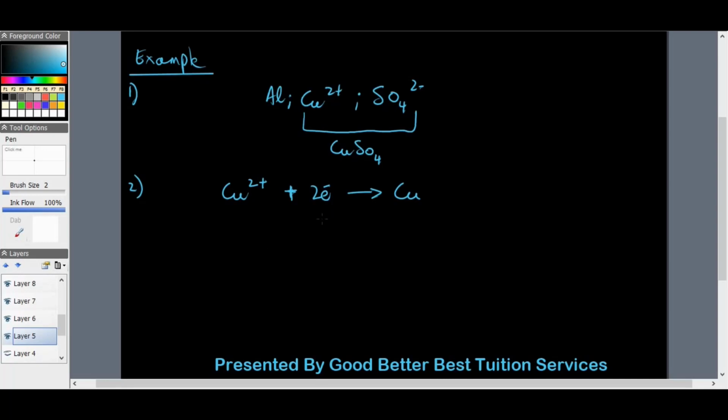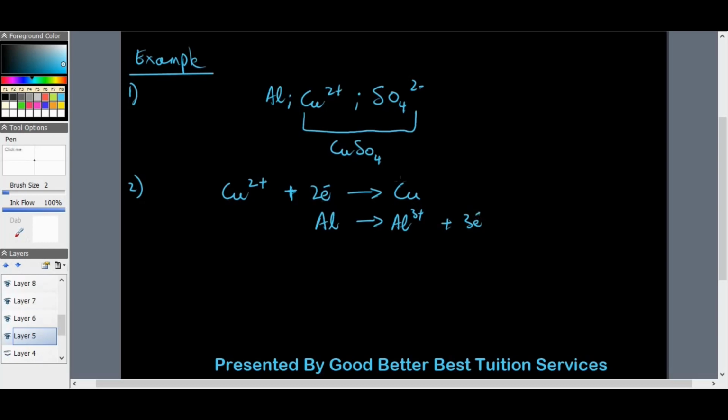So aluminium, and if I look on my table of standard reduction potentials, okay, there's two tables. We got table 4A and table 4B. If I look for aluminium there, aluminium actually gives away 3 and not 2, so we end up with Al3+ plus 3 electrons. Alright, cool.